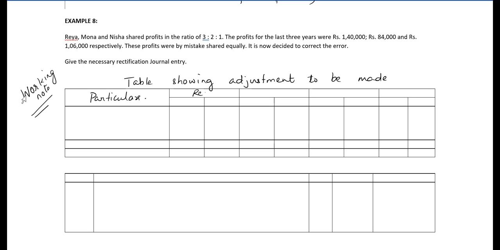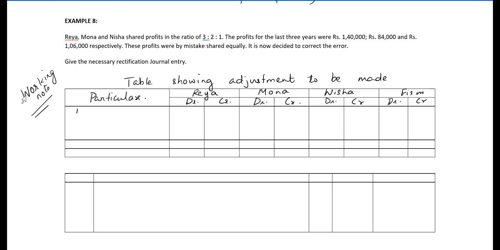Rhea, divided into debit and credit. Mona, again divided into debit and credit. And finally Nisha, debit, credit. And the last column for the firm, debit, credit.